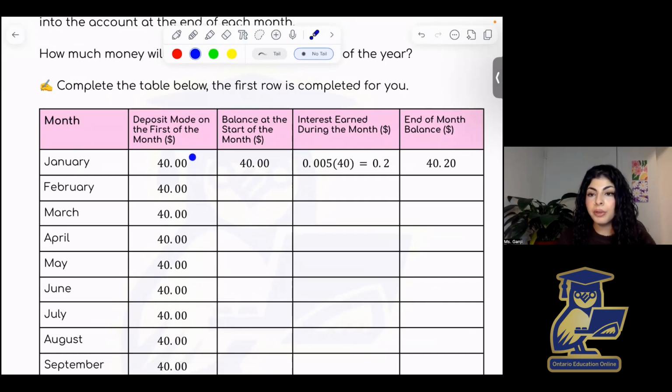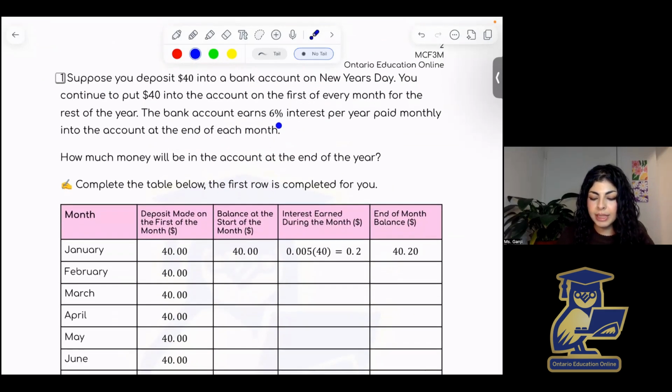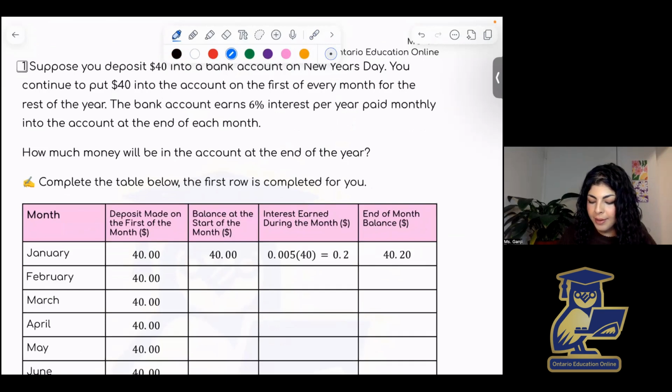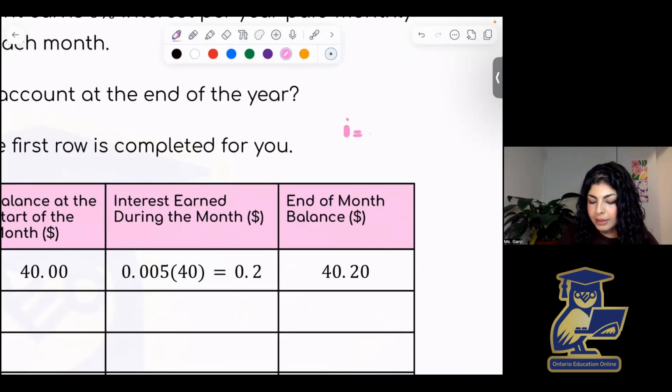At the end of the month, we earn an interest rate, and it is 6% per year, which means that to calculate I in this case will be 6% divided by 12 because it's monthly, which will be 0.005.